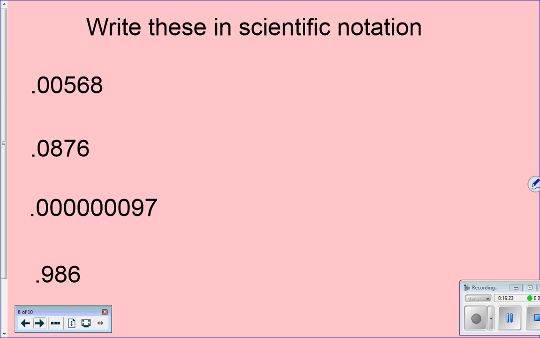Let's practice some of these, shall we? Let's practice. So let's look at this one. So I have 0.00568. So the numbers I'm going to use in my beginning part are that 5, that 6, and that 8, right? So 5.68 times 10, just always get in the habit of that, times 10. So this is where I put the decimal. 1, 2, 3.